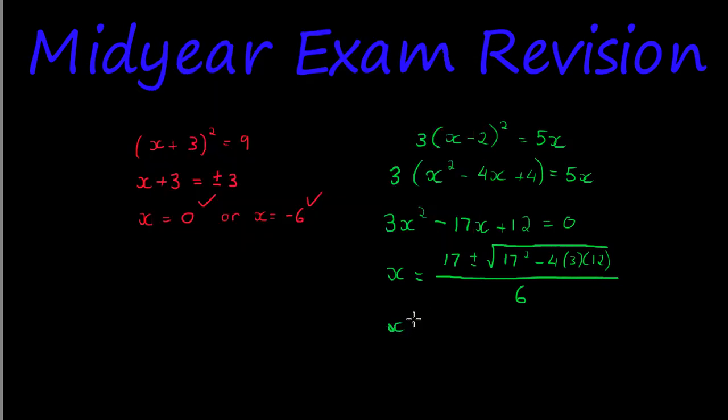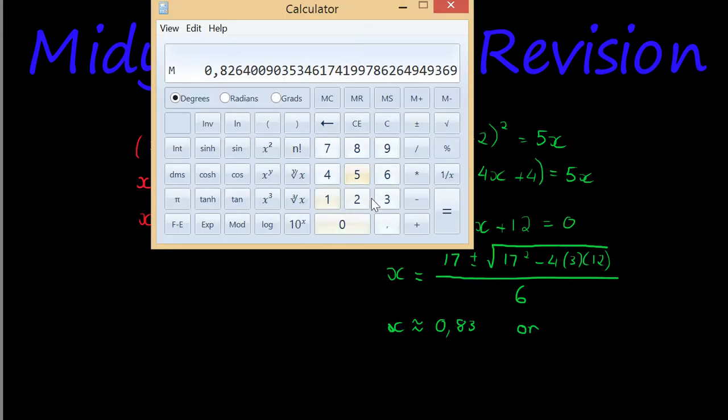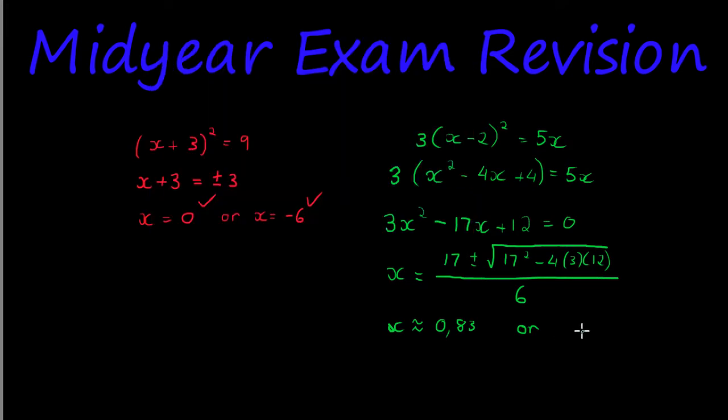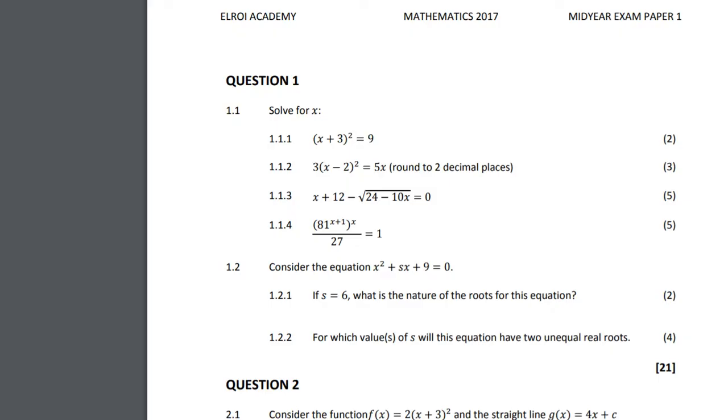So x is rounded to 0.83, or, and then my other value is 17 plus memory recall there, divided by 6, giving me my 4.84. So x is roughly equal to 4.84. There we go. That was simple as well.